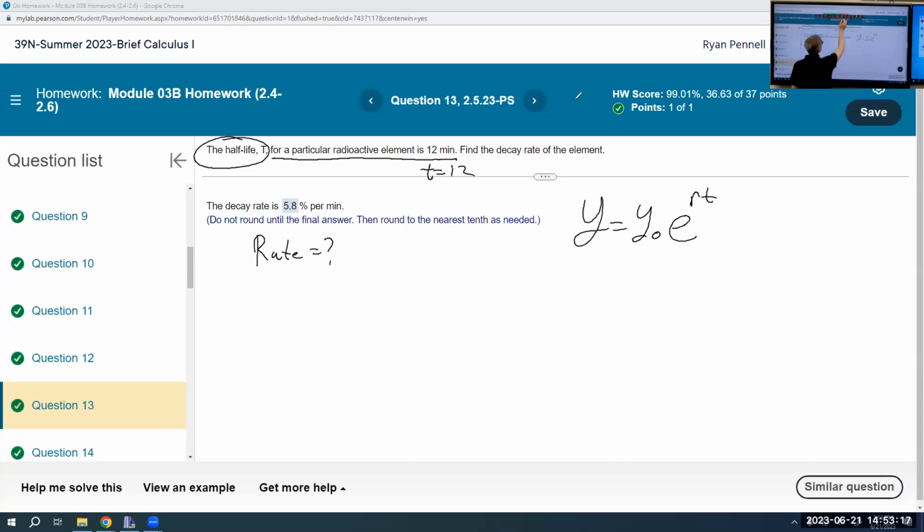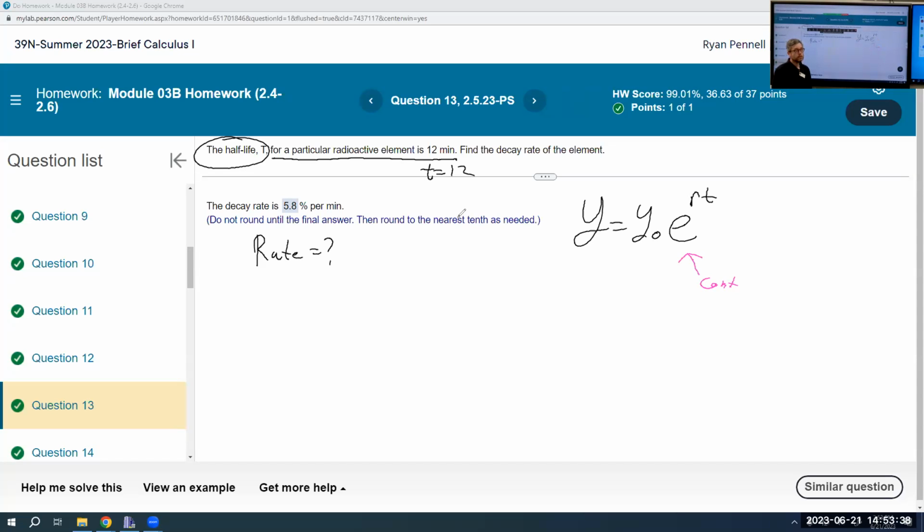It is naturally decaying, which means it's continuously decaying. R is going to end up being negative. This is decaying, but we'll see that in just a second. We're going to try to figure out what that R is.